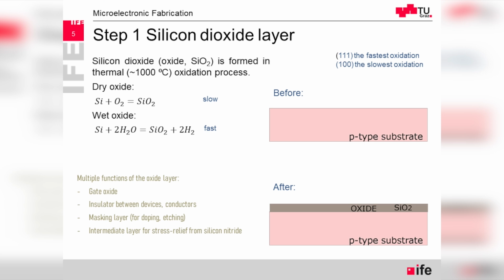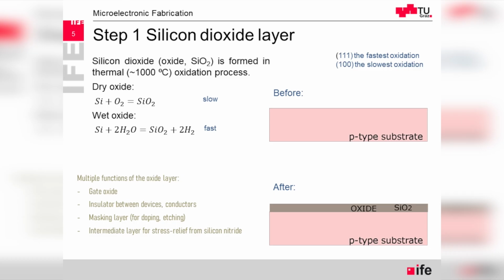However, together with hydrogen, it may be an uncontrolled growth of such oxide, but we need a very strictly controlled growth in the case of gate oxide to make sure that the properties of the transistors are the same across the whole wafer and from wafer to wafer.